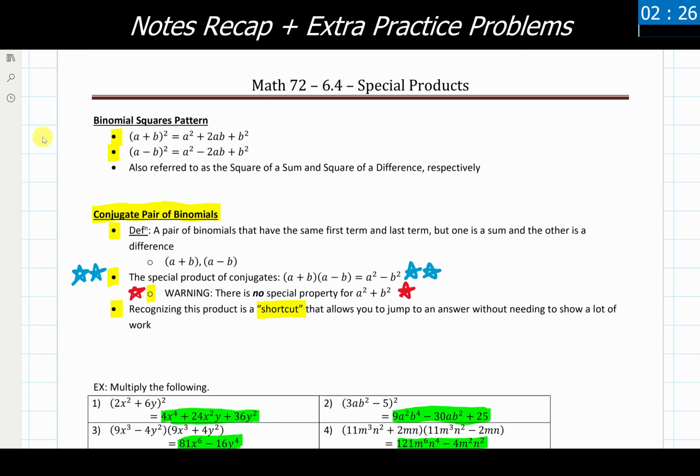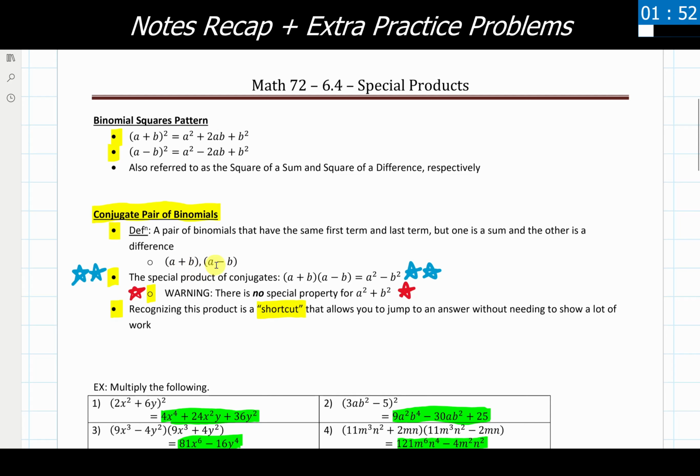As a quick recap of the material we covered in this video, we had our shortcut forms of special products. We had the binomial square pattern showing up here, the square of a sum and the square of a difference, and what those results are always going to show up as. And then we had the, I think, all-purpose one, or the most important one, the conjugate pair of binomials, where the first terms are the same, the second terms are the same, but the middle signs are opposites.